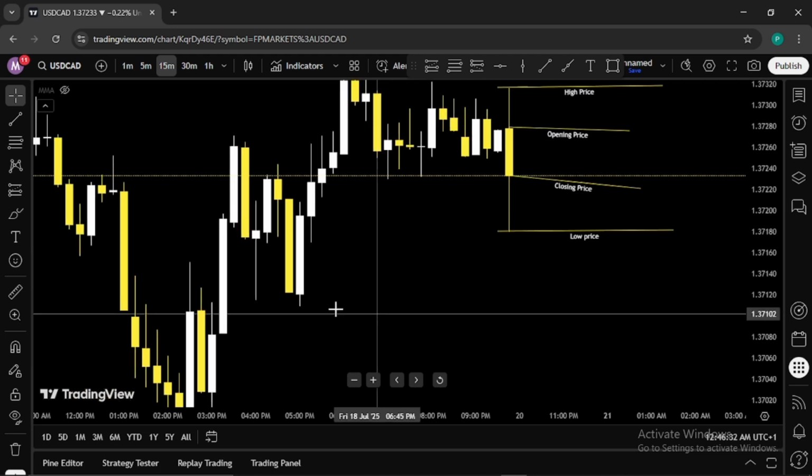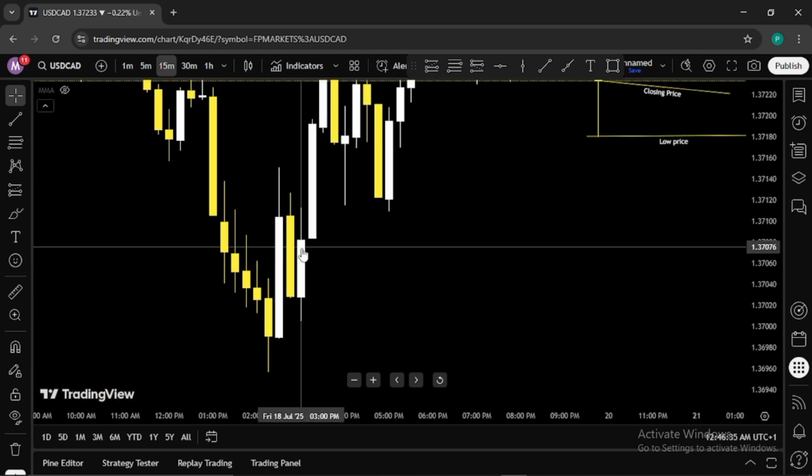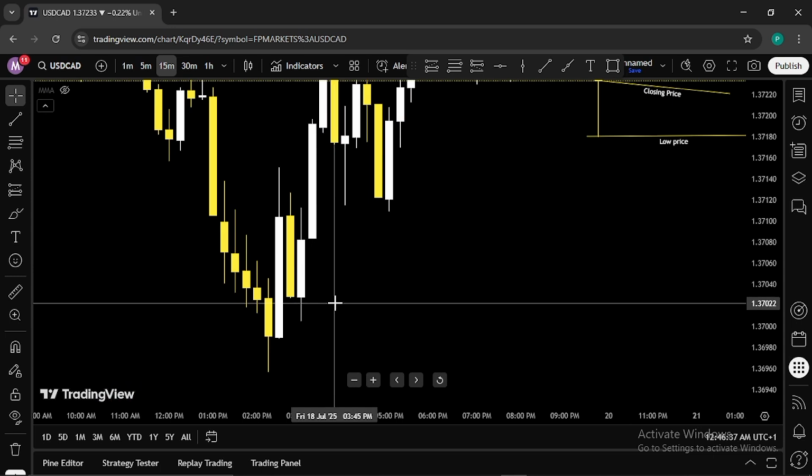Now, for a bullish candle, let me pick a random bullish candle. Okay, let's use this bullish candle. In my chart, the setting obviously is white for bullish candles and yellow for bearish candles. I think I've explained this in the previous video about removing emotions from your trading. And one of the ways that you can easily do that is by changing the colors of the candle.